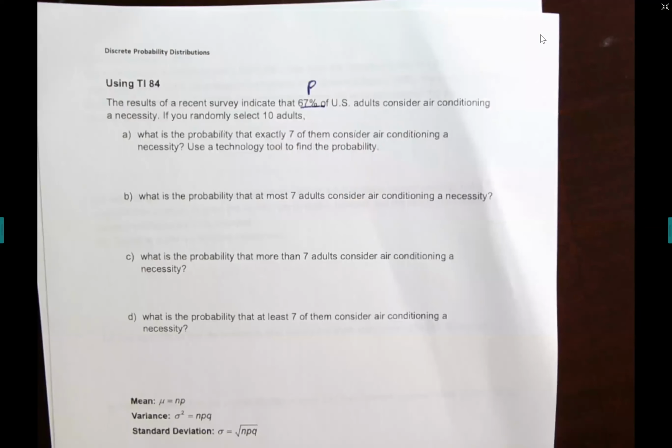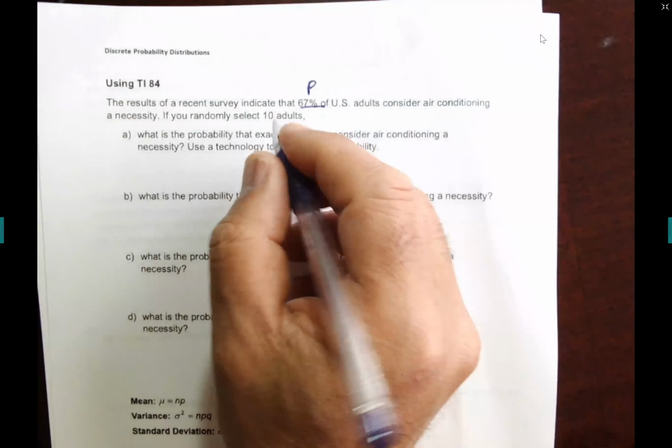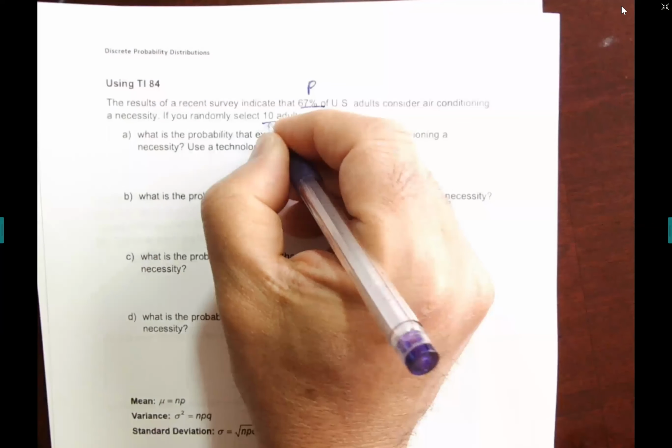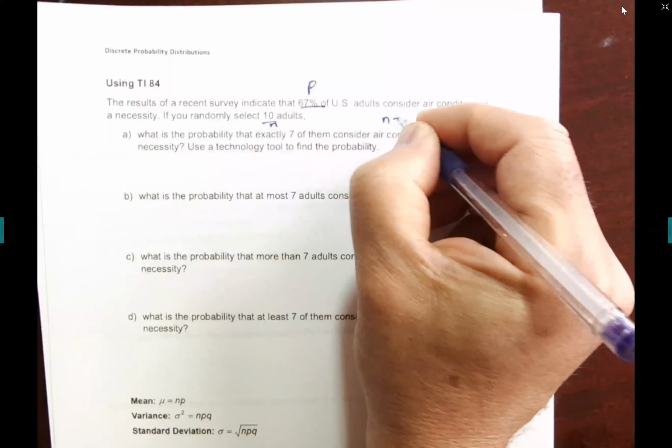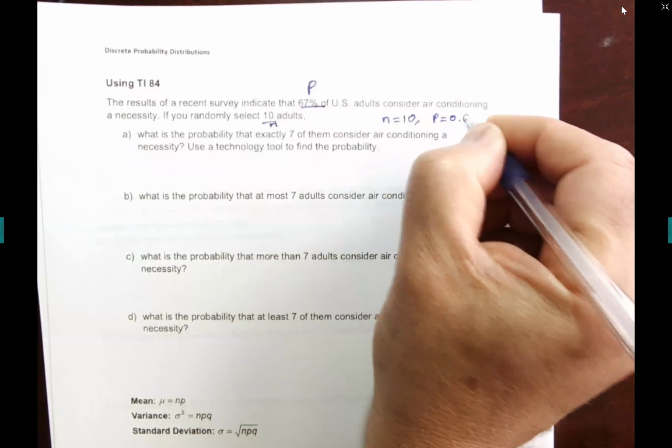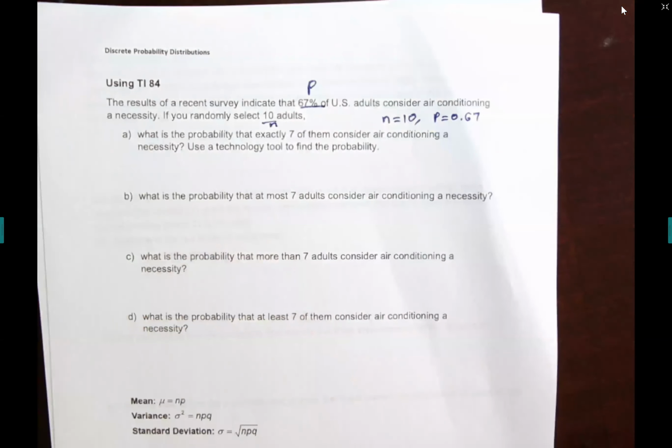If you randomly select 10 adults, who's going to tell me what 10 is? No, not X. N, yes. X will be in the question. So N is 10. The bigger number is N, guys, and the P is 0.67. Actually, guys, you don't need a Q because when you use your program on the calculator, it doesn't require that you use a Q.